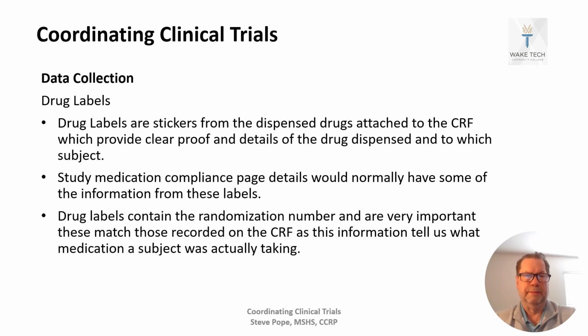So there may be a label on the bottle, you may peel that off and put it on a piece of paper, for instance, and then it has the drug ID, the bottle ID number on it, the kit ID that is, and that identifies which one you dispensed to the subject.